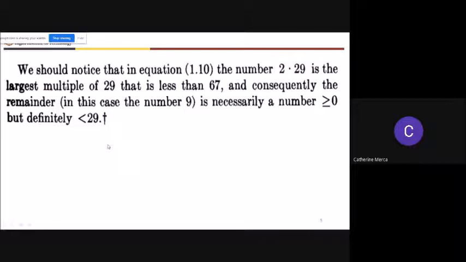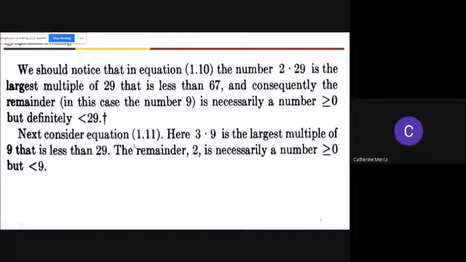So notice that in equation 1.10, the number 2 times 29 is the largest multiple of 29 that is less than 67. So consequently, the remainder, in this case the number 9, is necessarily a number which is greater than or equal to 0, but it should be less than 29. So you also have to consider 1.11.